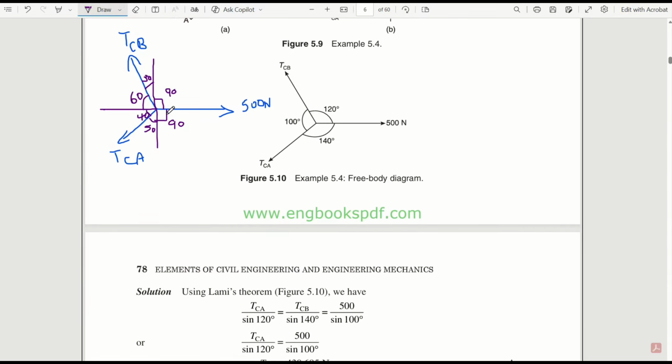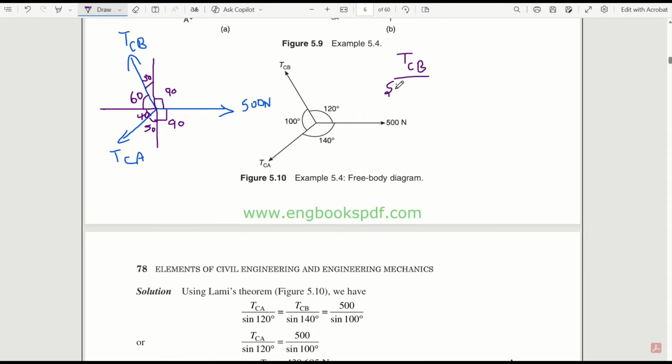For this figure, consider TCB, divided by the sine of the angle between the other two forces. What are the other two forces? 500 Newton and TCA. Between these two, the angle is 50 plus 90, so sine of 140 degrees.